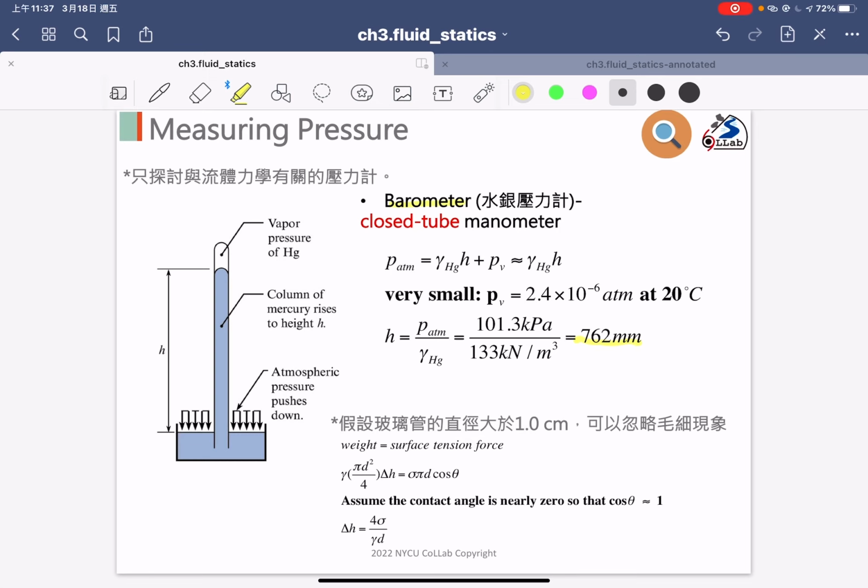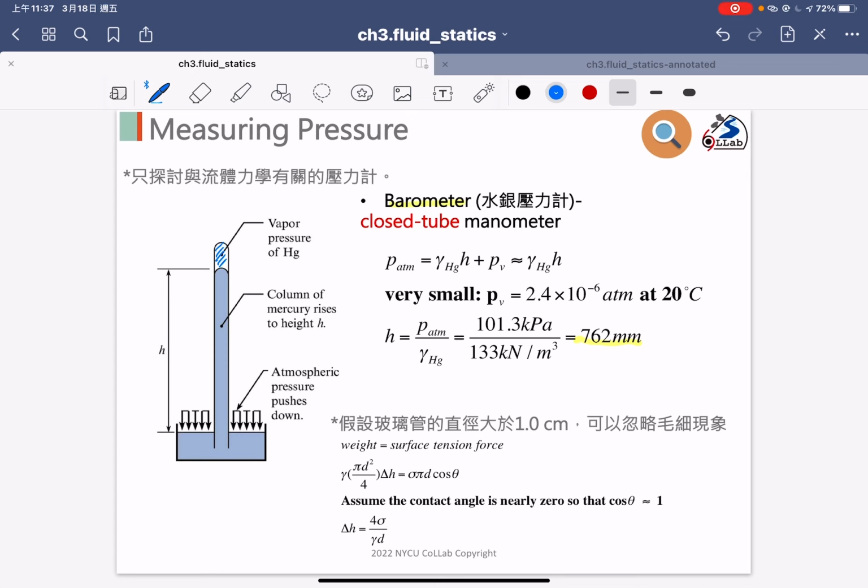But how can we compute the number of 762 millimeters? So go back to see the equations here. The P atm is equal to gamma Hg, right? How high of the Hg? So gamma Hg multiplied by the deflection height is the pressure change, right? And then we need to additionally add the P_v. P_v is the vapor pressure. The vapor pressure is located here. The vapor here is mercury gas.